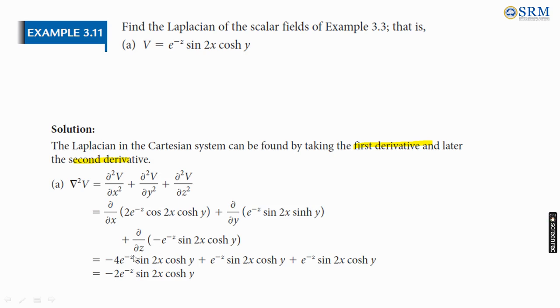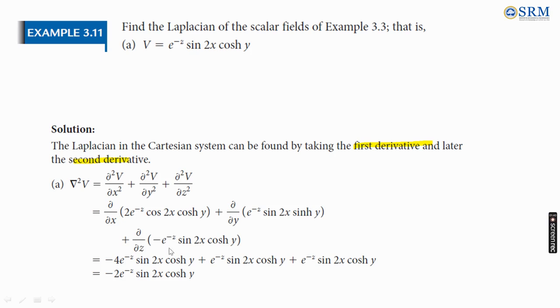Now let us perform the second derivative. So dou by dou x of this term: differentiation of cos is minus sin, so minus sin 2x into 2. So we'll get minus 4 e power minus z sin 2x into cosh y. Plus, if I differentiate with respect to y, e power minus z sin 2x will be there, and it will turn into cosh y.